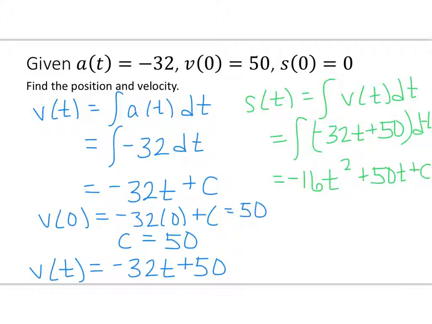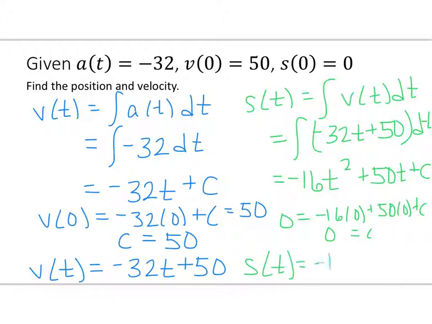And again, it told me my initial position is 0, so to solve for c, I have 0 equals negative 16 times 0 plus 50 times 0 plus c, so my c value is 0, so I can say that my position function s of t is negative 16t squared plus 50t.